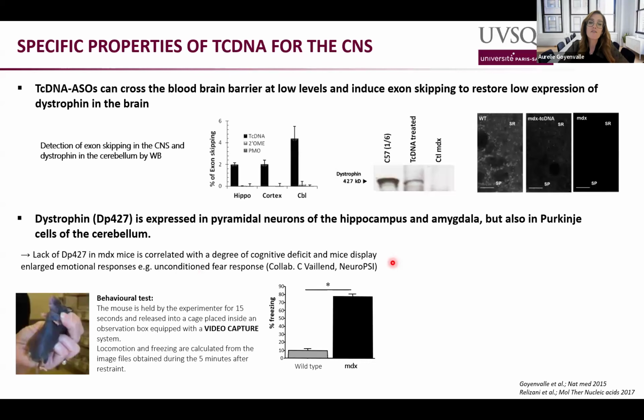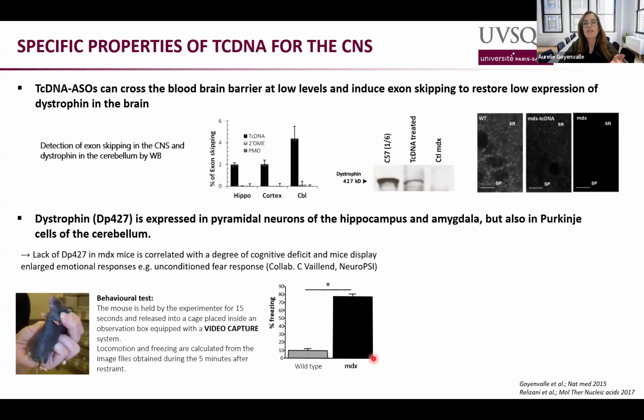And so this is a very robust phenotype where you can submit the mice to a very mild stress just by restraining the mice for about 15 seconds and then releasing the mice in the cage. And while the video captures for 5 minutes, you will see that the dystrophic animals freeze in the cage because of this pathological stress that the restraint has induced.